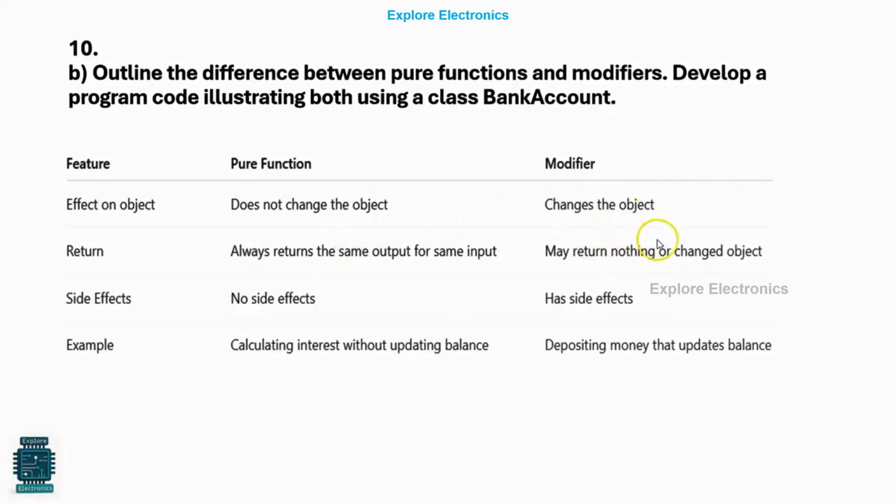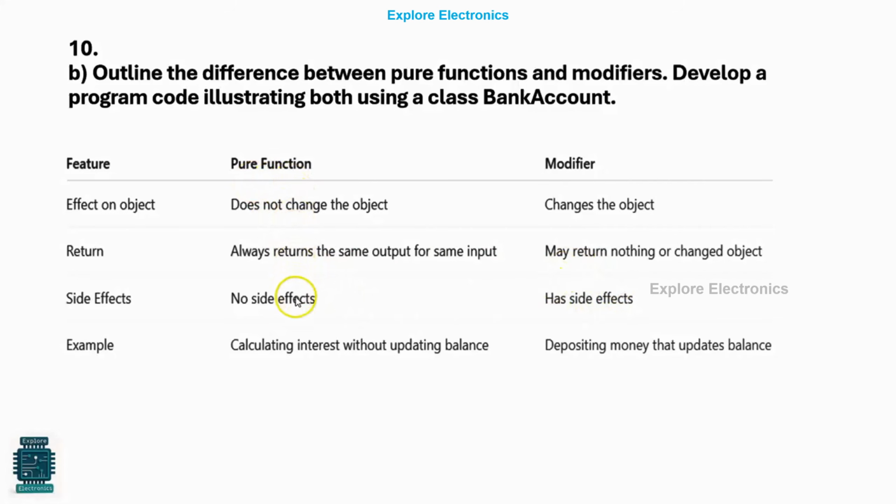A modifier may return nothing or the changed object, sometimes nothing and sometimes the changed object, because the modifier itself modifies the object. In pure functions, there are no side effects because it returns the same as it is. Here it has side effects because it is changed.